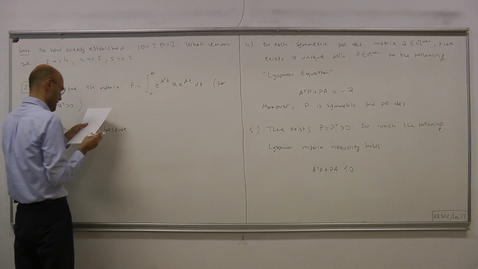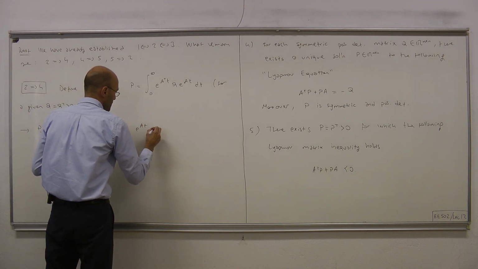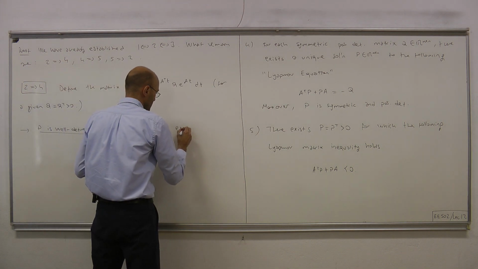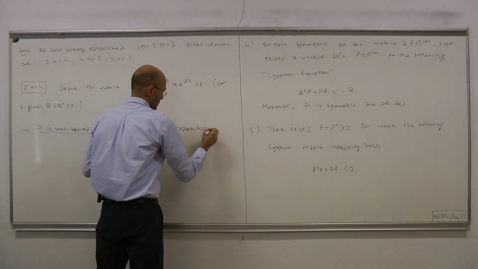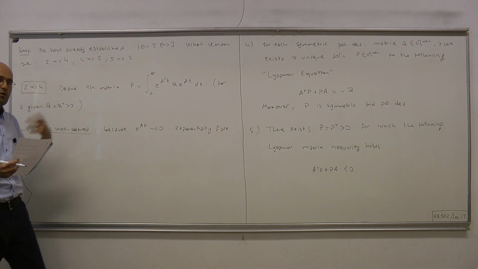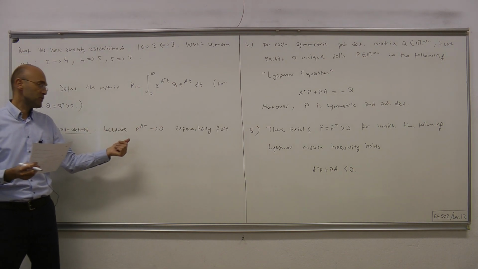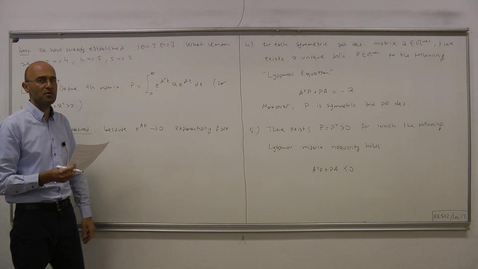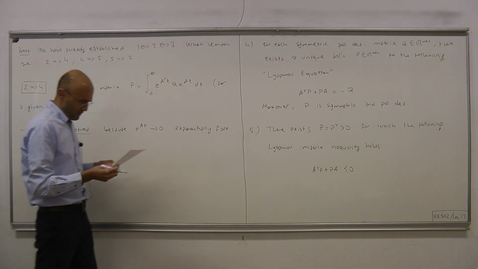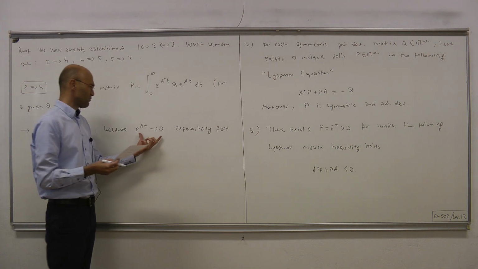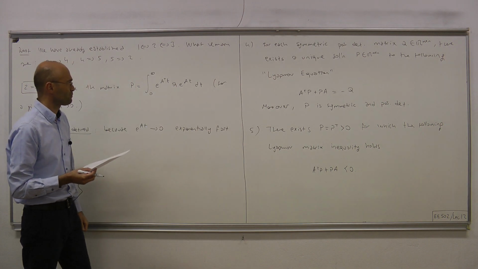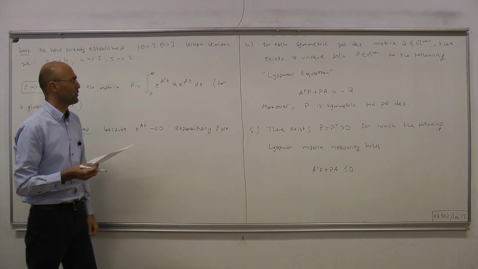The reason is that e to the At converges to 0 exponentially fast, because the system is exponentially stable. So we know that for such a system, the state transition matrix converges to 0 exponentially.